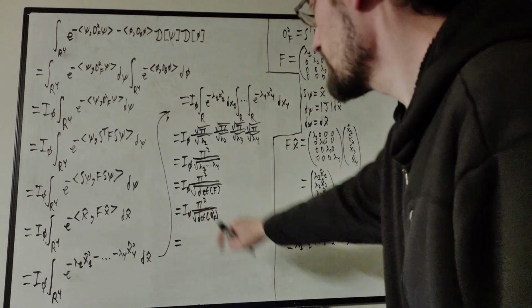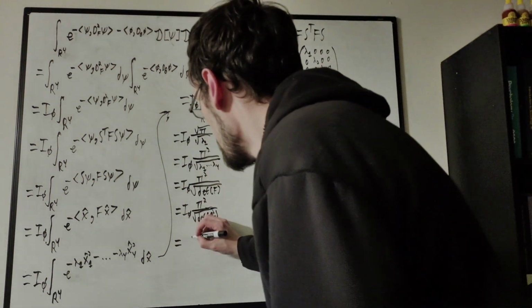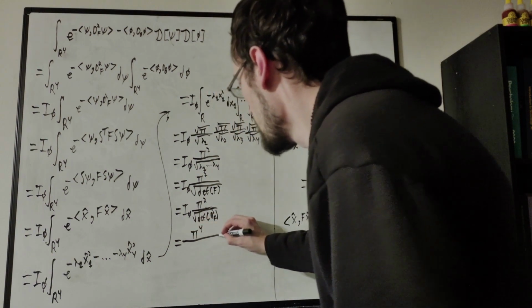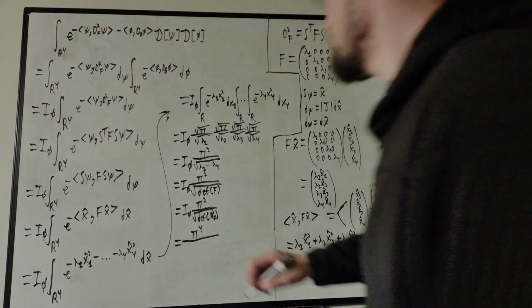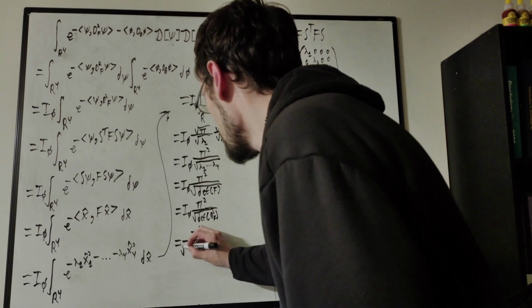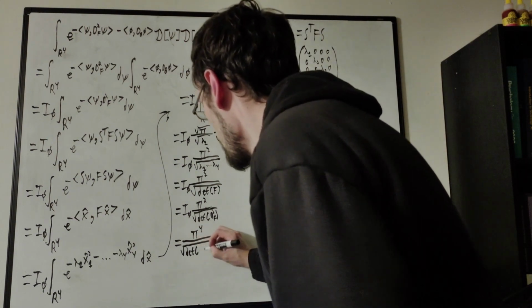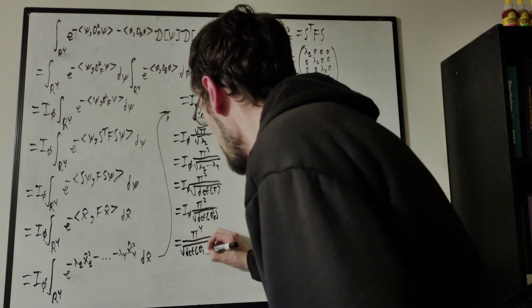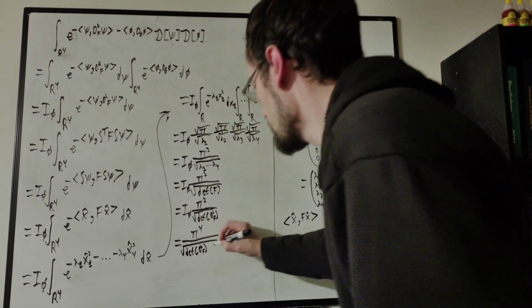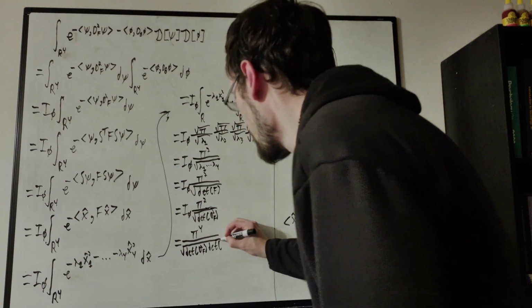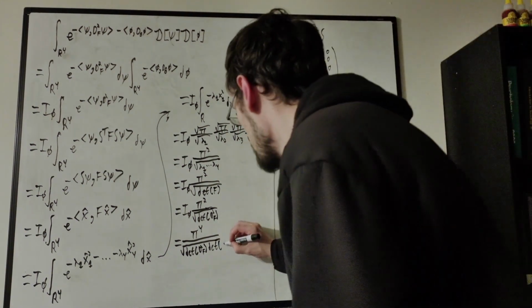So multiplying this in here, we have pi to the fourth power over the square root of the determinants of the two Dirac operators, the fermionic one and the bosonic part.